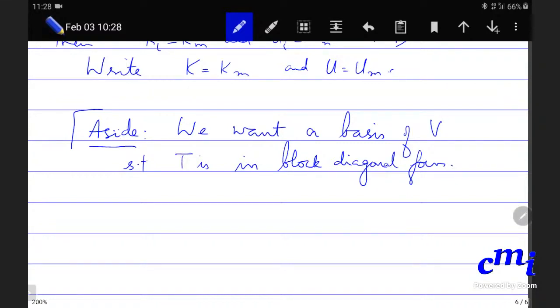So a necessary condition that we are looking for is the following.